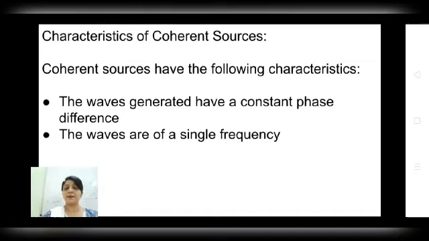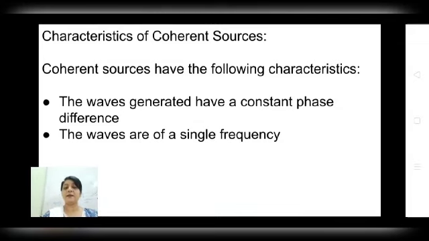In this method, what we do? We divide the amplitude of a single wave coming from the source into two amplitudes, either by reflecting the wave through a lens or half silvered glass plate or a mirror. When a half silvered glass plate is placed in front of these waves, they are partially reflected and partially refracted.